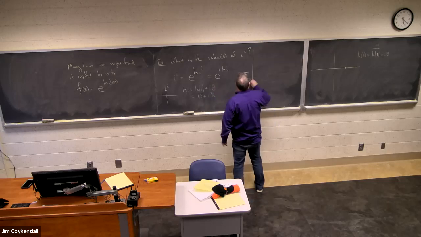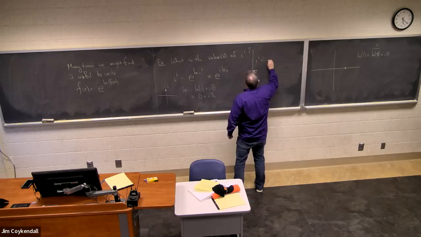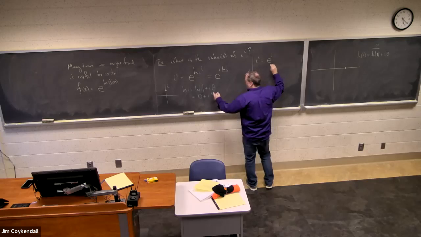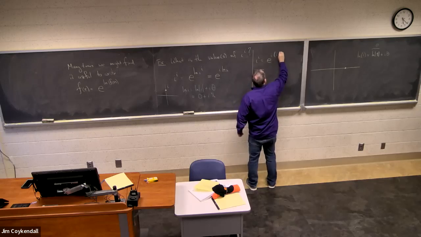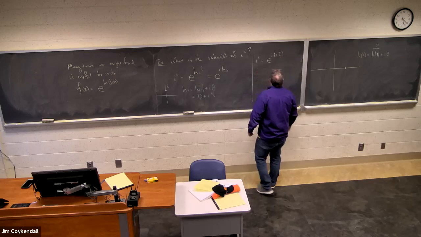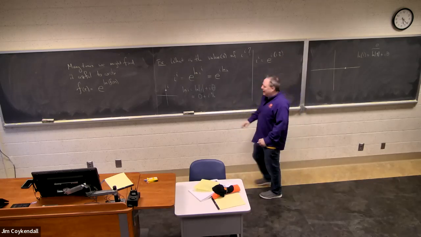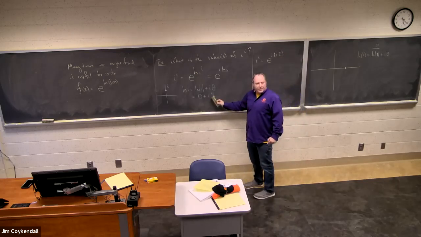This is going to be natural log i, but actually it's more than this, because this angle is pi over 2, but it could also be 5 pi over 2 and so forth.